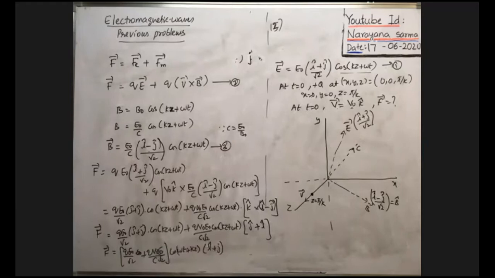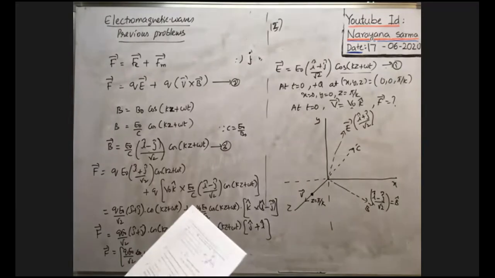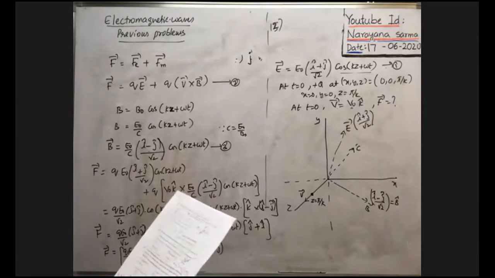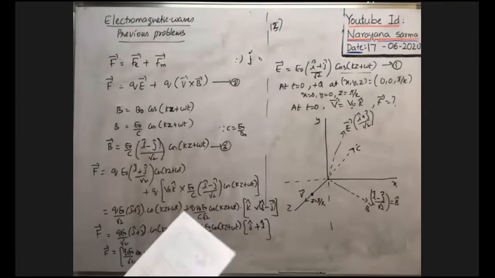Is it correct or not? Therefore, from this, what is the answer? Parallel to (i cap plus j cap) by root 2.